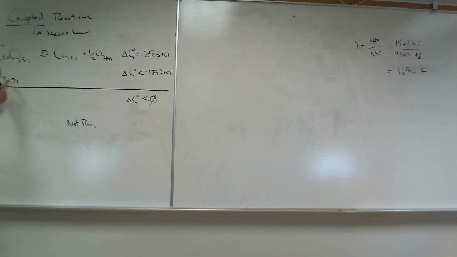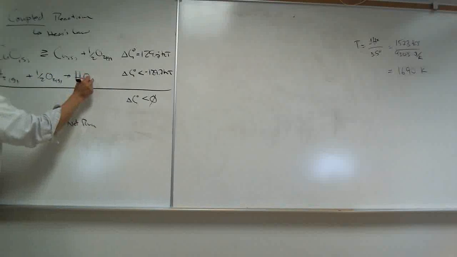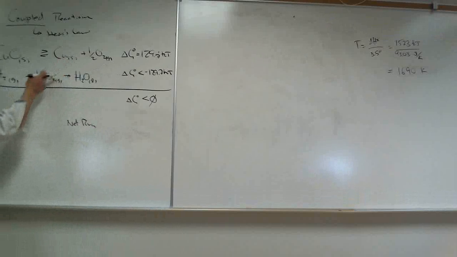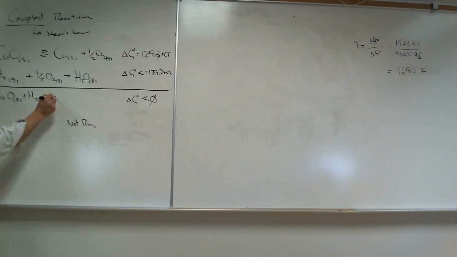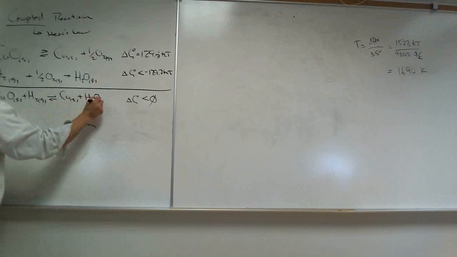If I mix hydrogen gas with 1/2 O2 gas, I'm going to form H2O liquid. If I can react the O2 that's formed here, the net reaction is going to look like this: CuO solid plus hydrogen gas yields Cu solid plus H2O liquid.